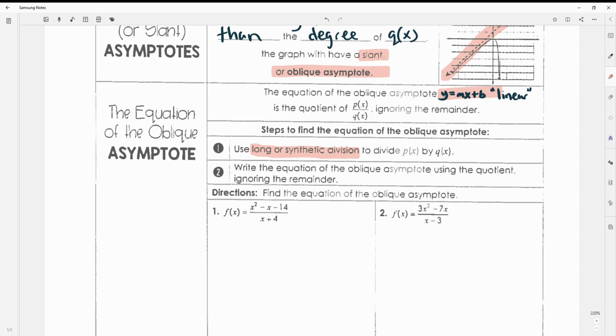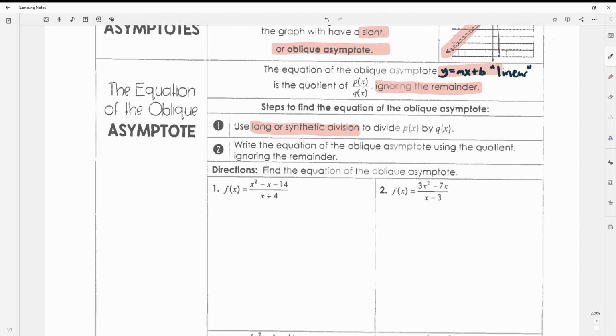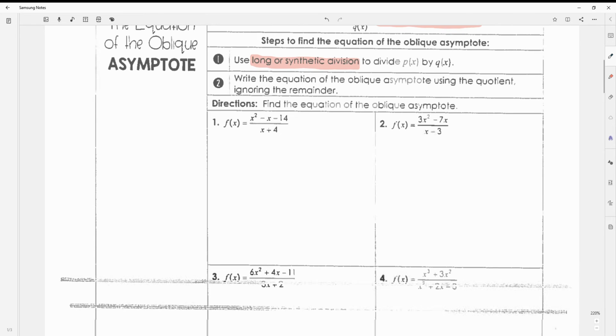And that's going to be the equation of my slanted line. Also, I would note it does say to ignore the remainder. So we're going to practice both methods. That way you know how to use either long or synthetic division to find the linear or slanted asymptote of these rational functions.